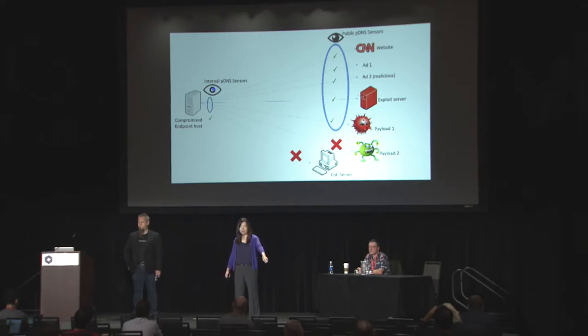However, the staging for the attacks, the latter stages, would not be seen by that public DNS sensor because it originated from your own endpoint host. So having your own internal passive DNS sensor would allow you to see all of that activity. So think of it as complementary to public passive DNS sensors. I hope this makes it a lot more clear why it's important to have your own internal sensor.